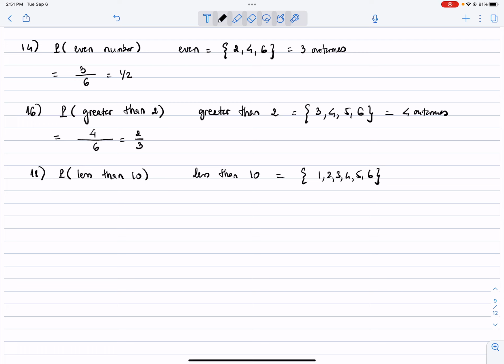When we roll a die, we may get numbers that are less than 10, and there are 6 of them. So the probability of less than 10 is the number in the event, which is 6, divided by the total number in the sample space, which is 6, so it's 1. So that means it is very certain, of course, we will get numbers that are less than 10, so 100%.